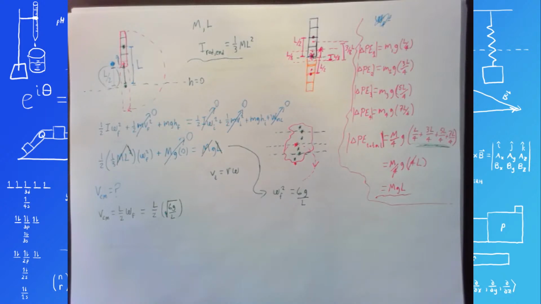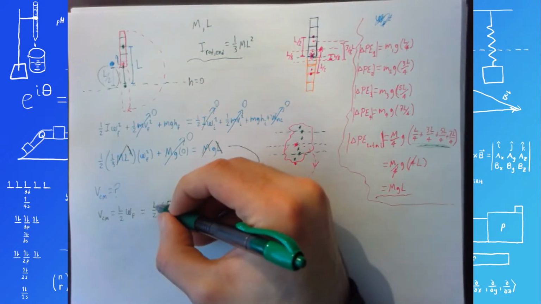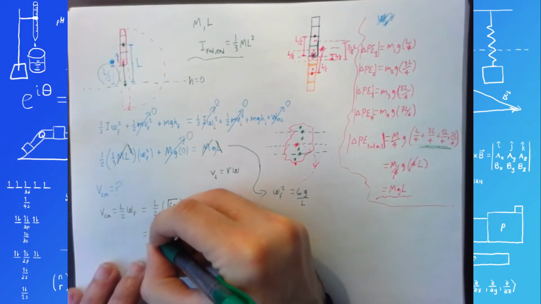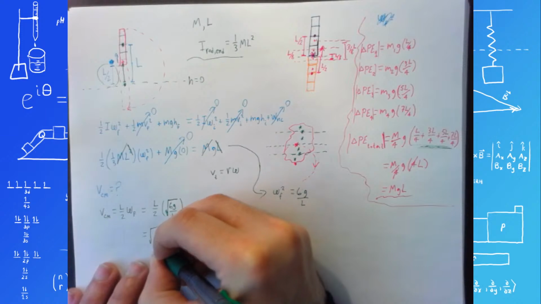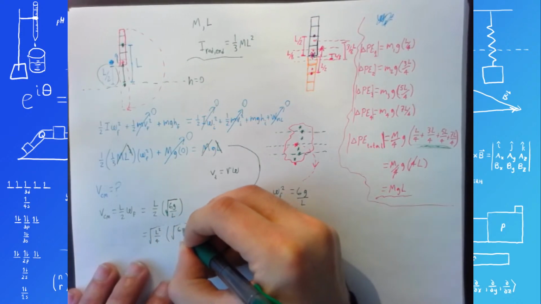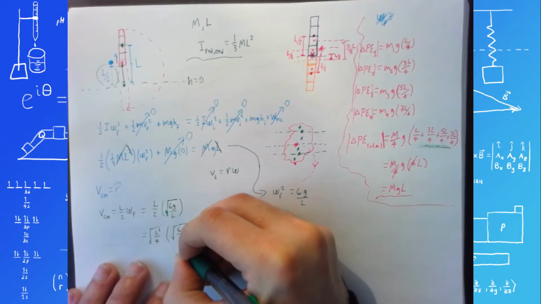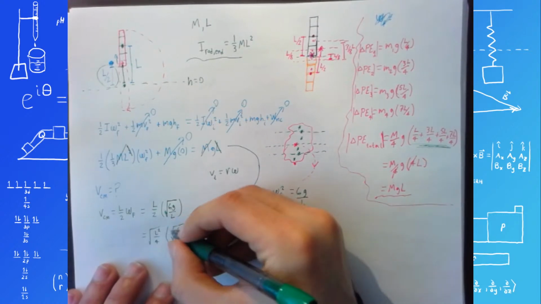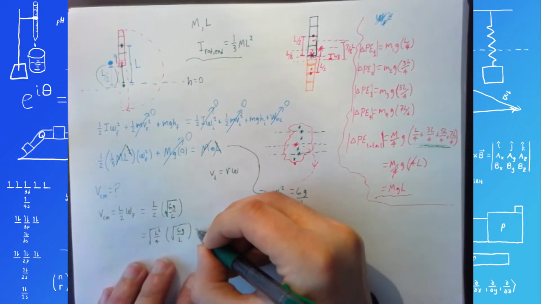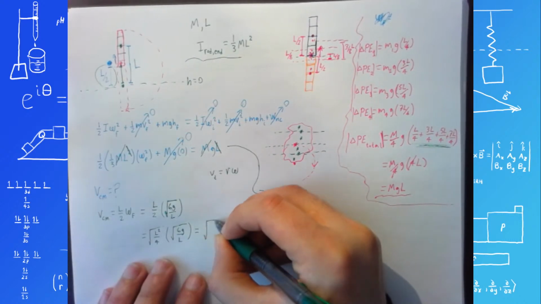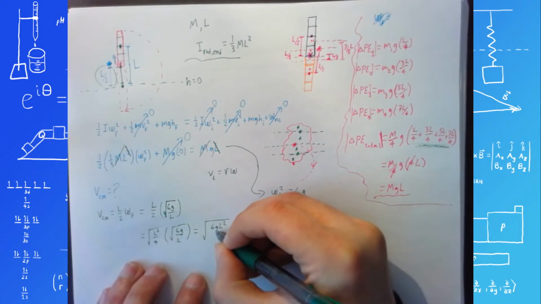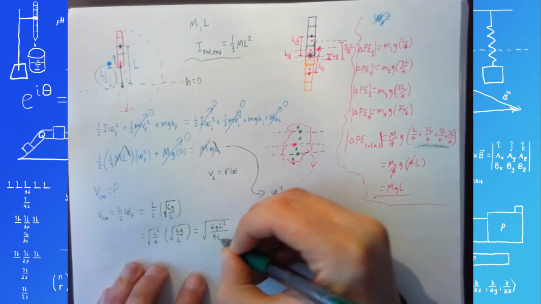Okay, multiply that out. So I'm going to write this as L squared over 4 under a square root. I'm going to say that's the square root of L squared over 4 times the square root of 6G over L. And now that I have them both written as square roots, I can just put them all under the same square root. So this equals the square root of 6G L squared over 4L.